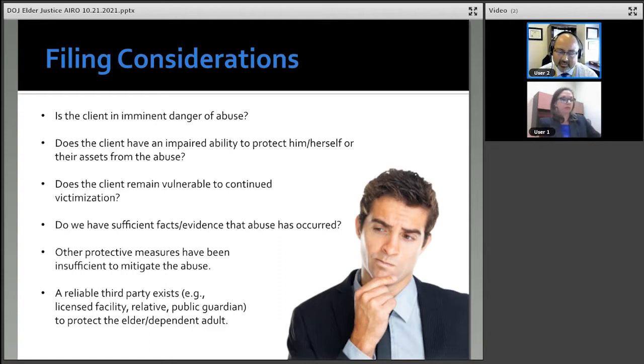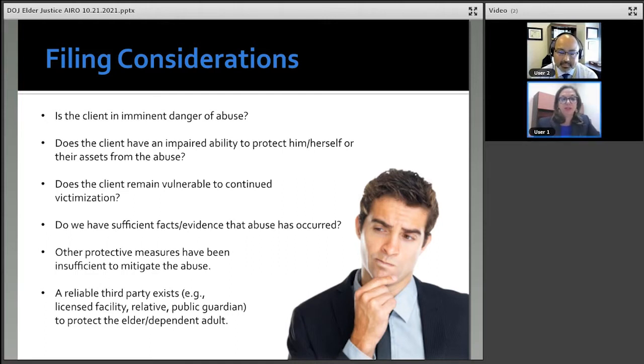That would include the evidence code. So hearsay objections are usually the objections that we have to take into consideration when providing sufficient facts and evidence, and that's the main one that I look for to determine if we have the right facts to prove the case.